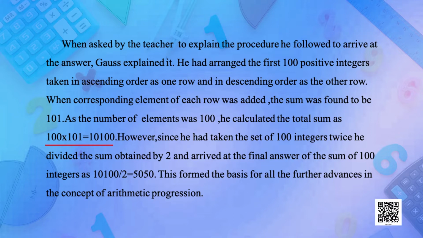However, since he had taken the set of 100 integers twice, he divided the sum by 2 and arrived at the final answer: the sum of the first 100 integers is 10,100 upon 2, which is 5,050. This formed the basis of all further advances in the concept of arithmetic progression.